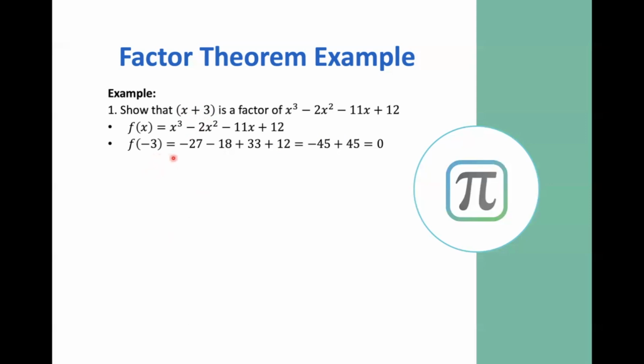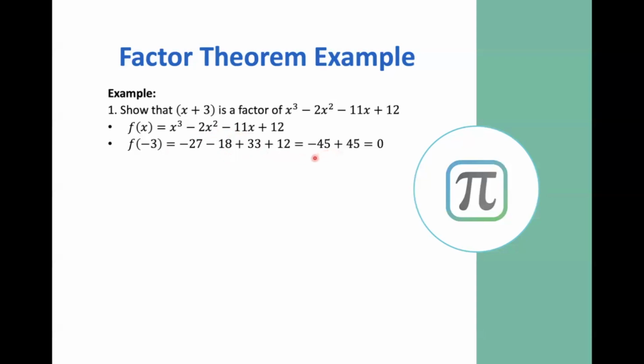If we substitute minus 3 in, that gives us minus 27, minus 18, because you have x squared, which is 9. Any positive power of a negative number will always be positive. So minus 3 squared is 9, but times by minus 2 gives negative 18, plus 33, because you've got minus 11 times minus 3, plus 12.